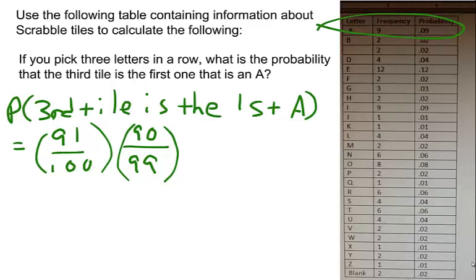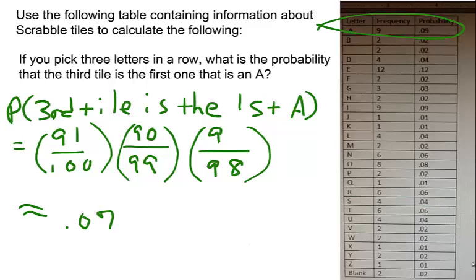Now the third tile is going to be an A. We know that there were 9 tiles that had the letter A on them. So 9 in our numerator divided by the number of tiles left in the bag, which is 98. Now we simply multiply across to take the product of these fractions and represent it as a decimal. When we do this, our decimal approximation is about 0.076 or 7.6%.